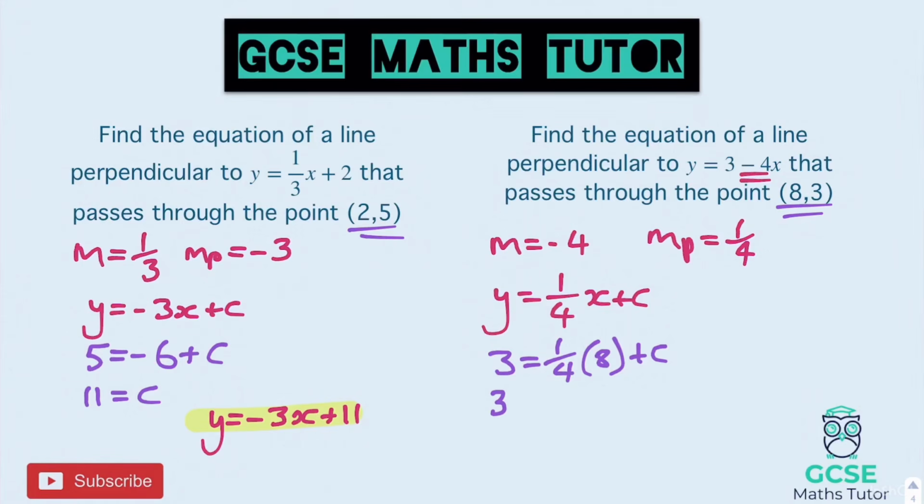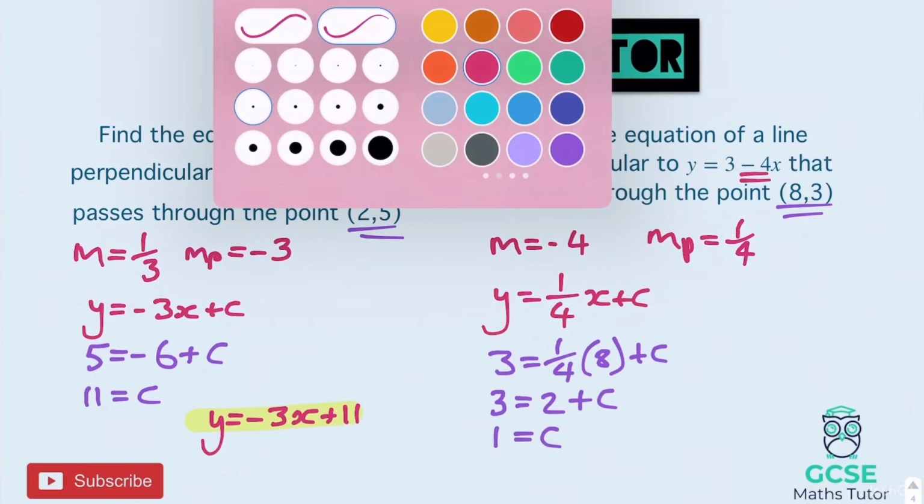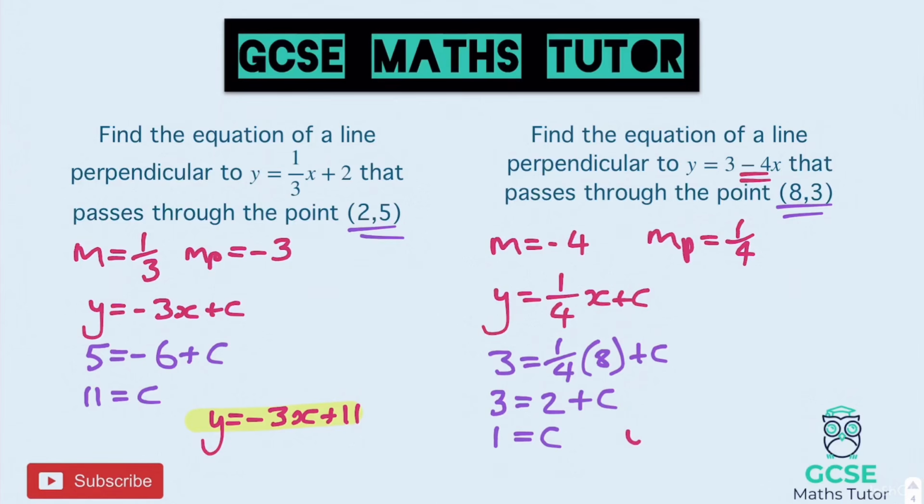So 3 equals 2 plus c. Take away 2 from both sides, we get 1 equals c. And we can plug that in place of c there for our equation to finish it off. So y equals 1/4 x plus 1. There we go, and there's the equation of our line for that one.